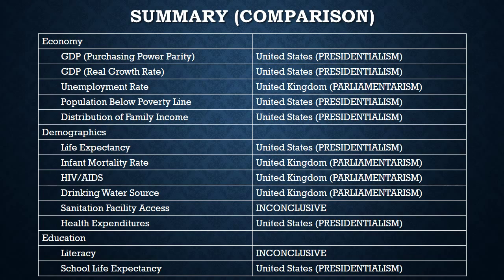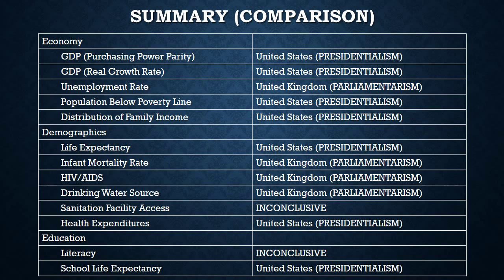For the demographics, life expectancy was won by the United States over the United Kingdom, while the infant mortality rate, HIV/AIDS, and the drinking water source were won by the United Kingdom over the United States.